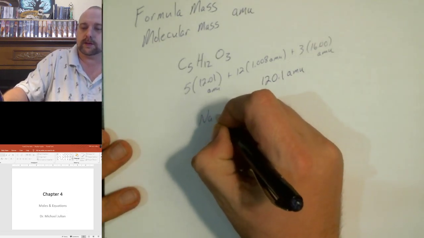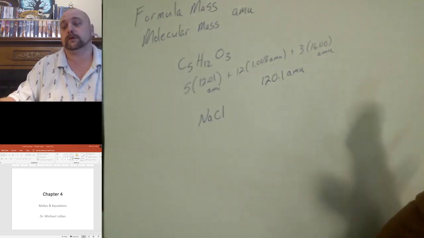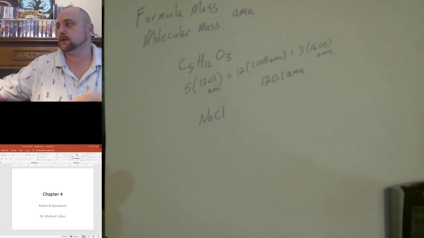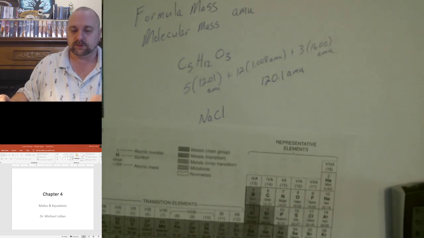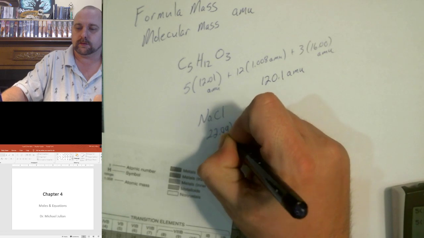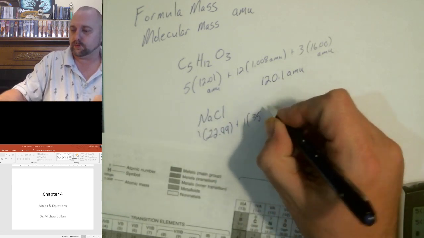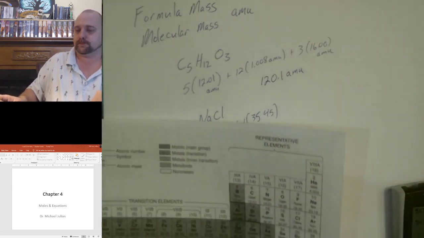Because again, if I had NaCl, it exists as a crystal lattice, but I can look up sodium and chlorine. So sodium is 22.99. I've got 1 of each, and 35.45 for my chlorine.